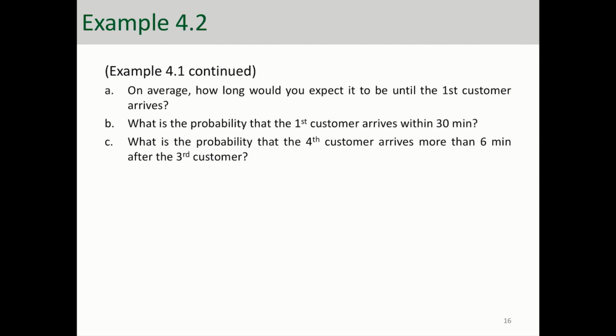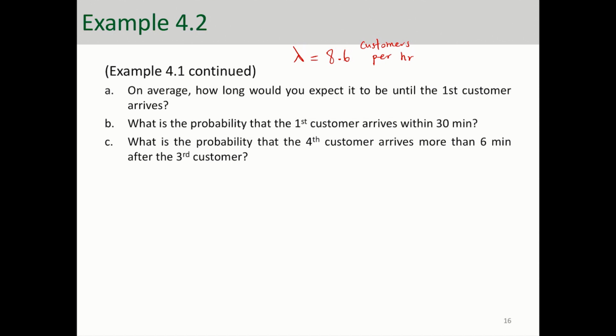In this video, we're going to look at one example, which is a continuation of the previous example, where customers are coming to a bank according to a Poisson process with an average rate of 8.6 customers per hour.